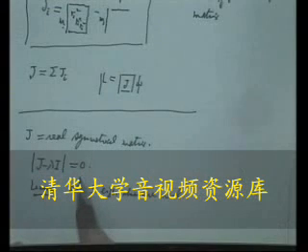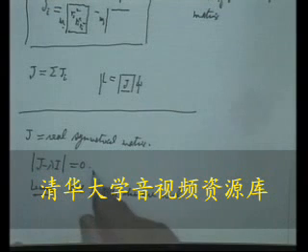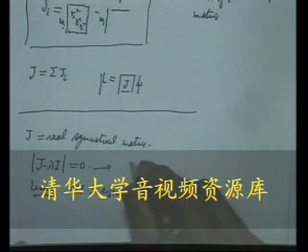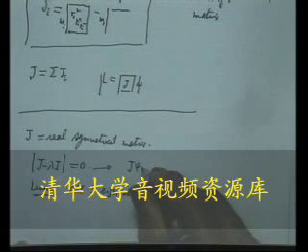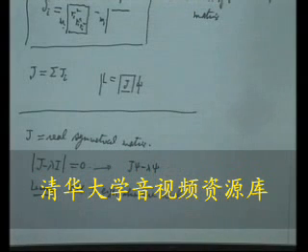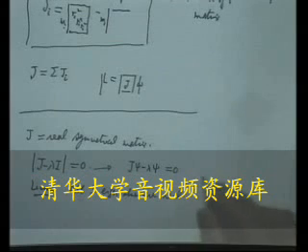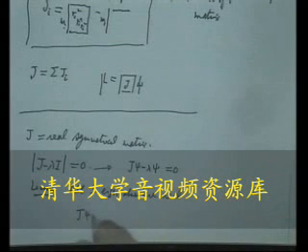Because if there's a lambda which satisfies this determinant equal to 0, that means, by linear algebra, there exists a psi such that J minus lambda I times psi is equal to 0. That is a fundamental theorem of linear algebra. If you have a determinant which is equal to 0, you can find a column which dotted into it gives 0. And that of course says J psi is equal to lambda psi.